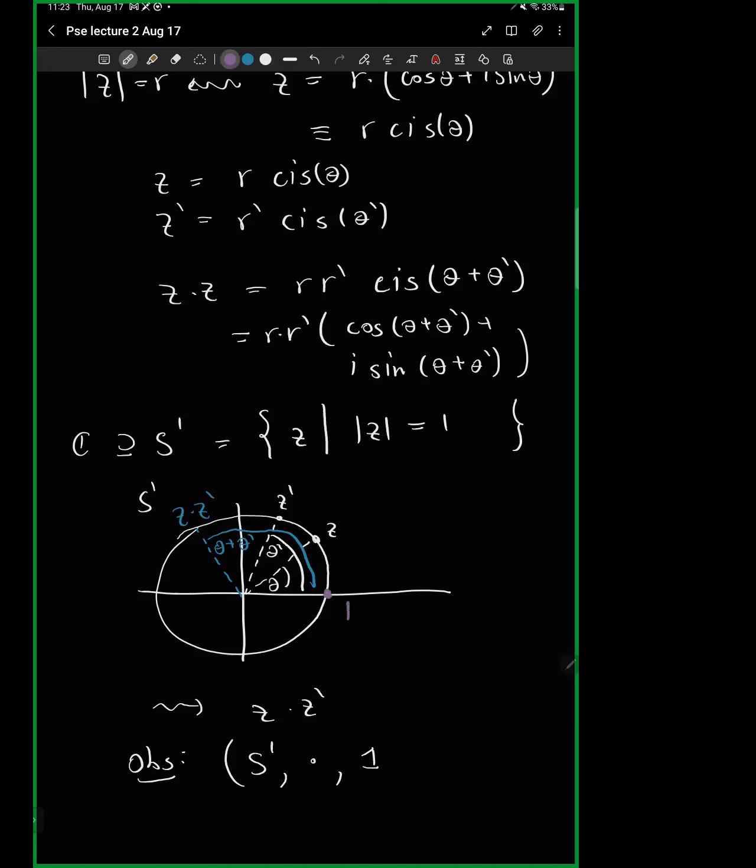This is 1, which is simply 1 plus 0i. Okay, so I claim that this is a group.